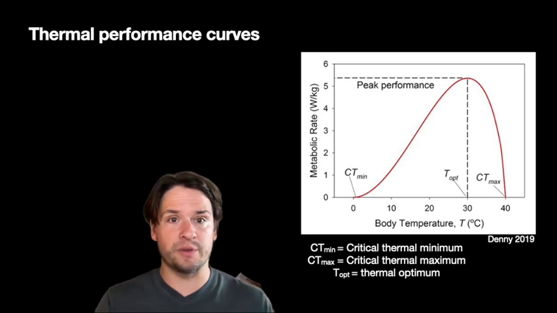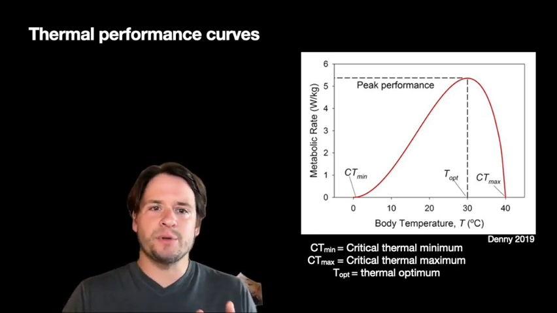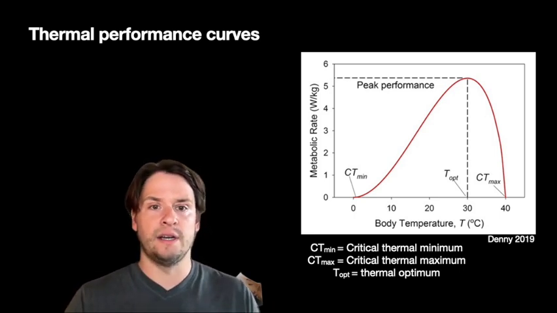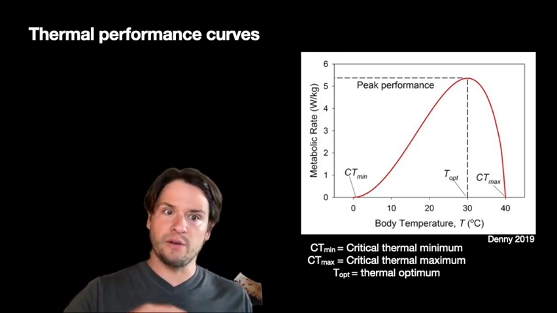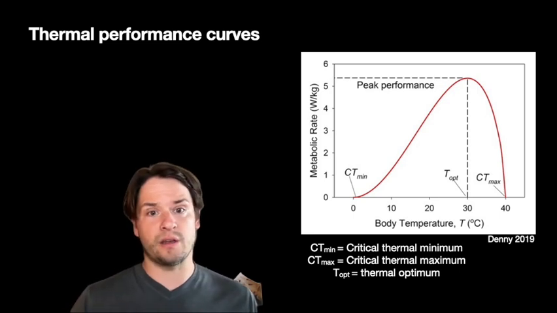We'll see a few examples of this in the coming slides. But temperature generally has nonlinear effects on performance. And often we'll again visualize this as a curve that has a few characteristic components.